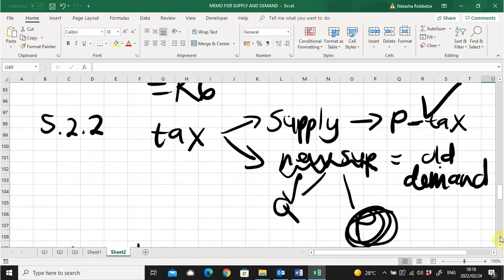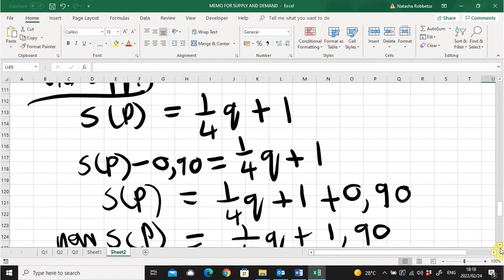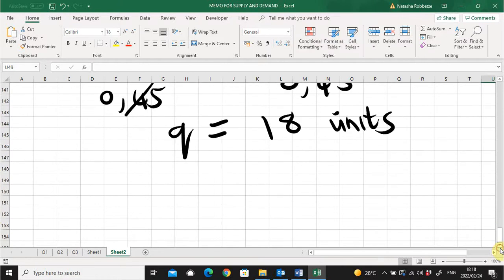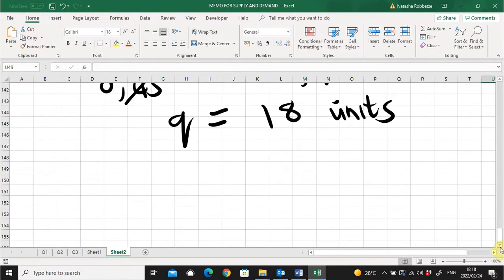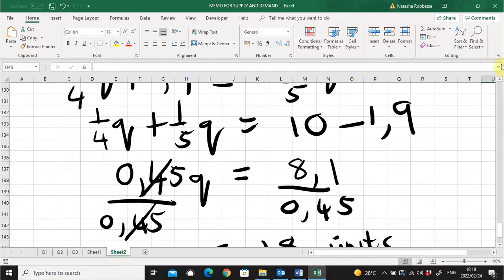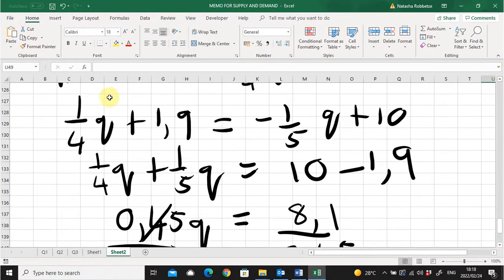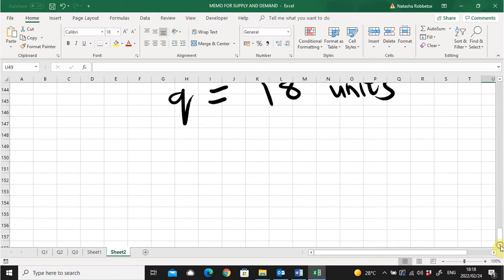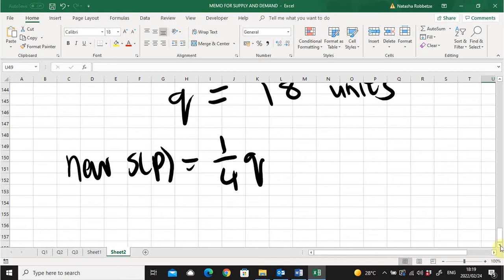How do we calculate the market equilibrium price? We need to use our new supply function and fill in the market equilibrium quantity. So what was the new one? It was 1/4 Q plus 1.9. So the new supply is 1/4 Q plus 1.9.